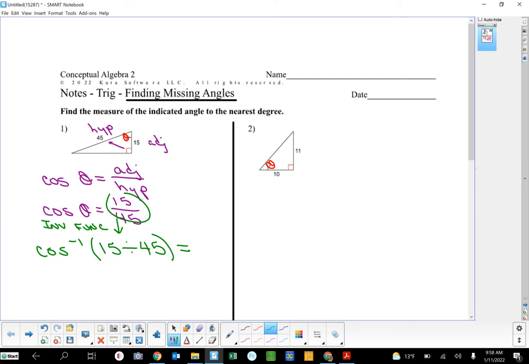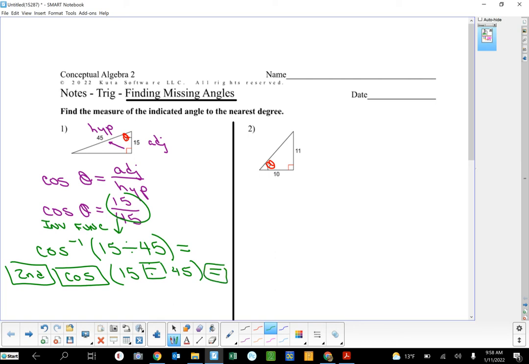If you're using one of the red calculators in my classroom, then you would go second cosine to get the inverse cosine button. And when you do that, it puts the parenthesis in automatically. You don't have to do that. And then you're going to go 15 divided by 45. Make sure you put the closed parenthesis in and then hit the equals button.